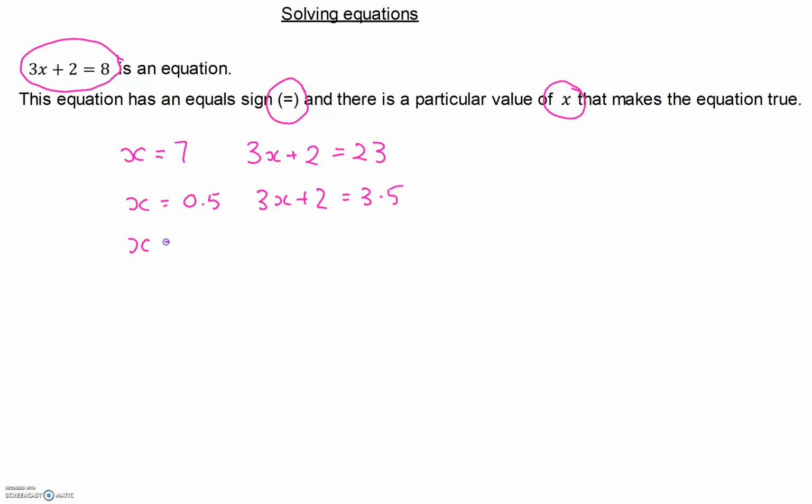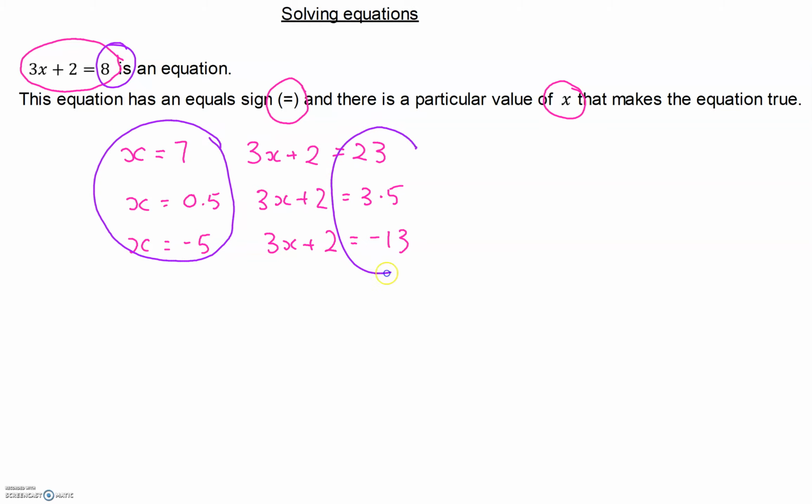And when x equals negative 5, 3x plus 2 equals negative 13. Now, our equation involves 3x plus 2, but it gives us a very specific answer. We want 3x plus 2 to equal 8. And we know that x cannot be any of these values, because none of those values have given us an answer of 8. So what is the value of x that makes this equation true?